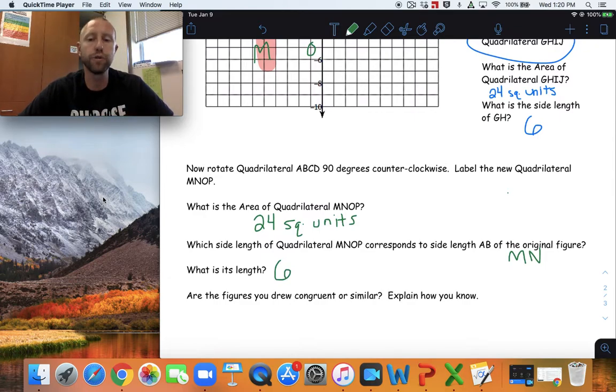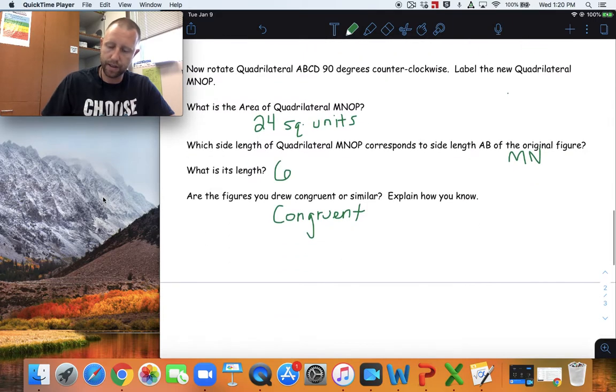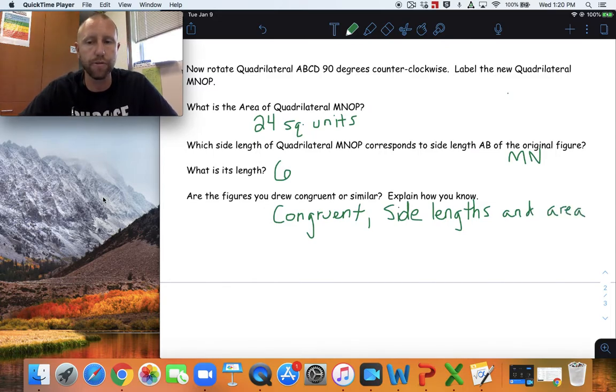Are the figures you drew congruent or similar? And explain how you know. They are congruent, and as we just proved, we know that they're congruent because side lengths and area, those are the two things that we just answered for all three of these quadrilaterals.